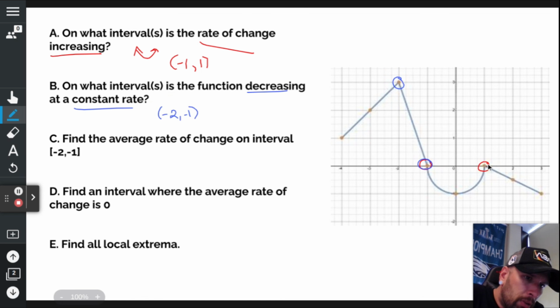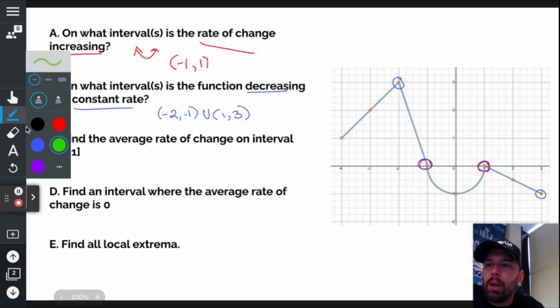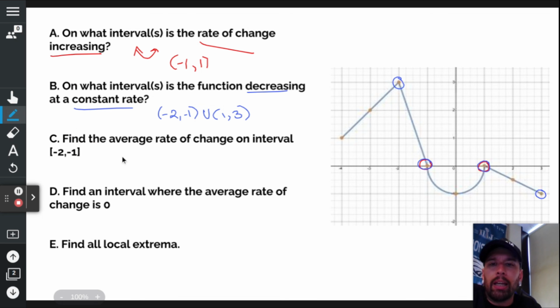And it also happens here from 1 to 3. Union 1 to 3. Easy peasy.